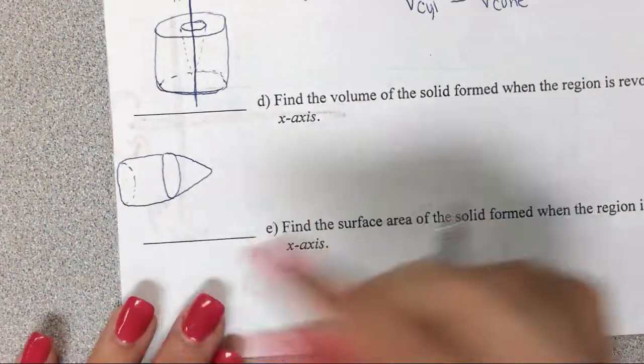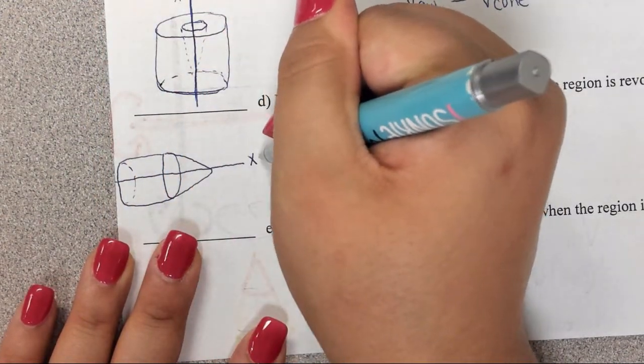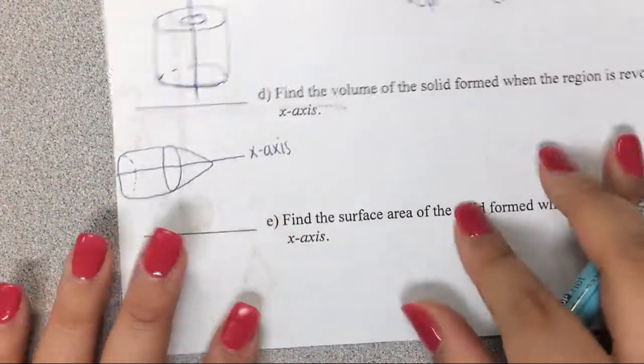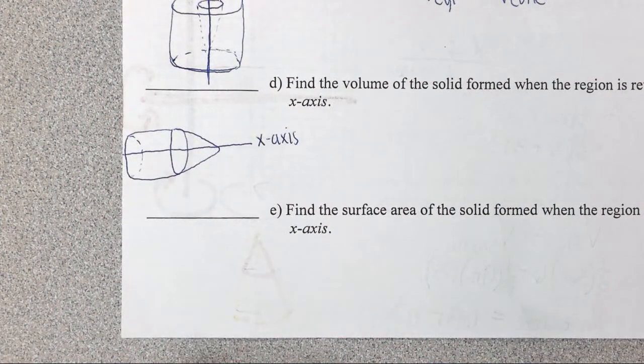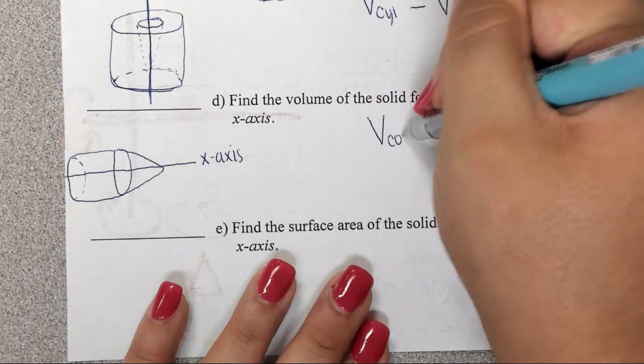That's what it would look like. And your x-axis would be going right through the middle. And so what would you do to figure this out?